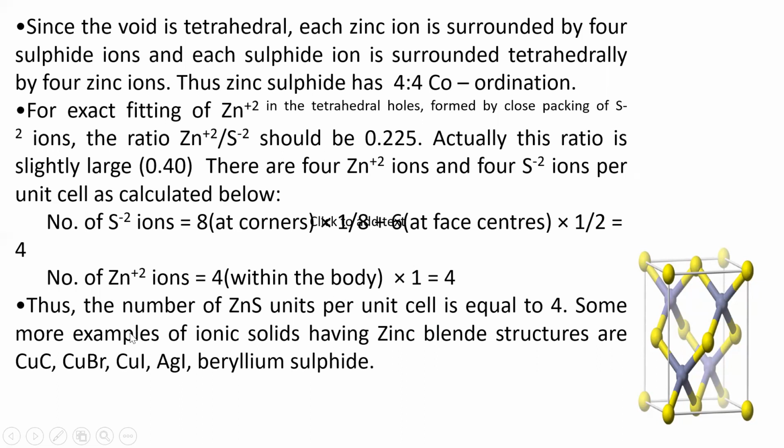Some more examples of these ionic solids having zinc blende structures are copper chloride, actually it should be CuCl, CuBr, CuI, AgI, beryllium sulfide, etc. Here it is CuCl.